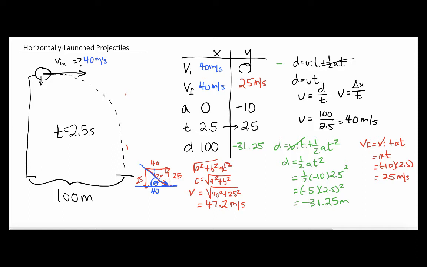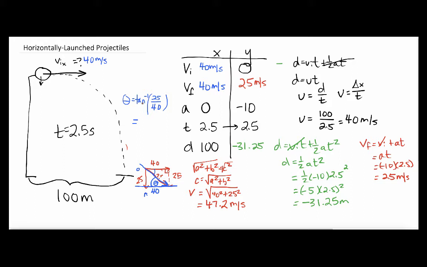Now, if you need a review of this, there is a trig review, but essentially if you're looking for the angle and you have two sides, then you can use the arctan or arcsine or arccosine depending on the sides that you have. We have the opposite and an adjacent. This one is opposite and this one is adjacent, and so that's tangent. So I'm going to do the theta, or the angle is going to be the arctan of opposite over adjacent, so 25 over 40.